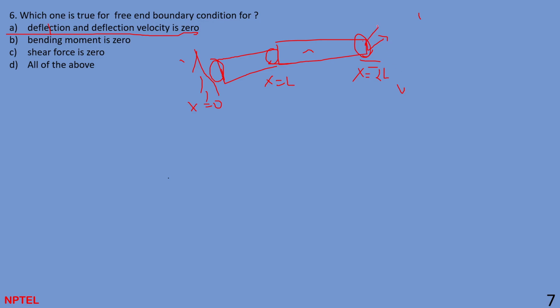Since this is free, there will be no shear force and bending moment, right? So when will the bending moment and shear force act on a body? When there is some kind of external force, when it is restricted, right? But when it is free, no bending moment and shear force will apply to it, right?